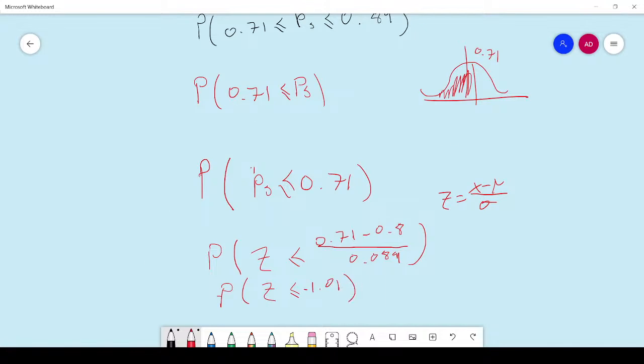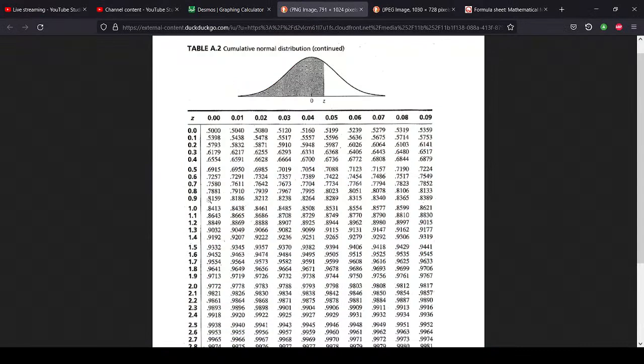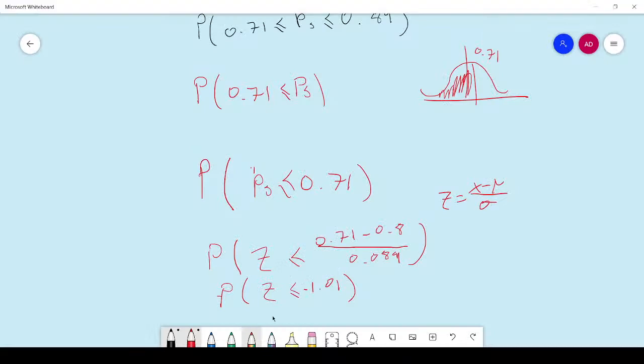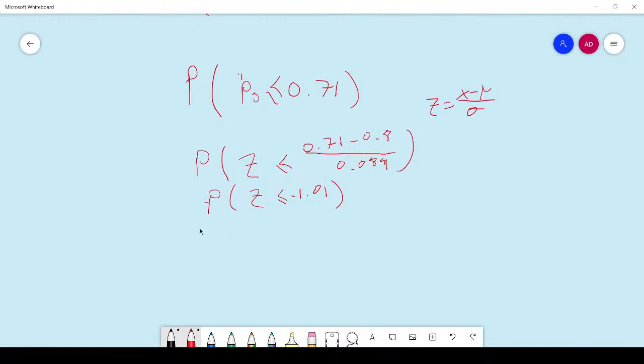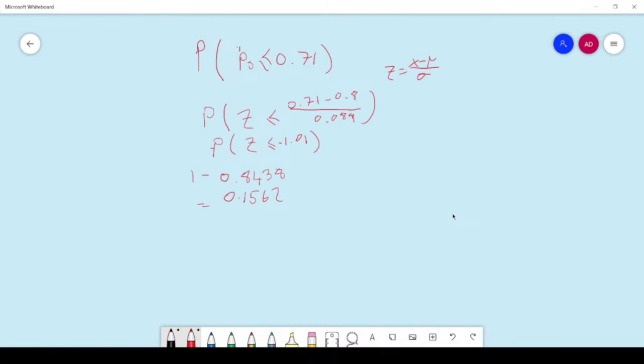So if we use our z tables now, negative 1.01 will just be the negative of this, so 1.01 is 0.8438. So going back to the whiteboard, from the tables this is 0.8438, but because it's negative we have to do 1 minus, so we should end up with 0.1562. So the probability for that is 0.1562.